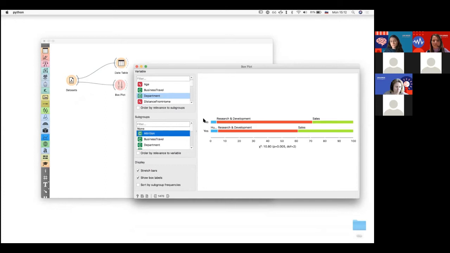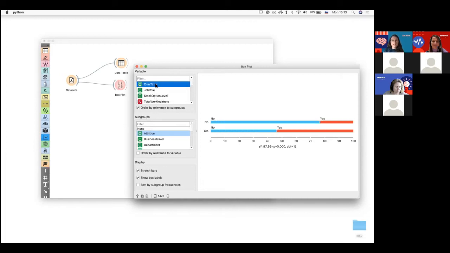So the split here that you see is by our target variable, so what we are predicting. And now I will select this option, order by relevance to subgroups, which will order my features here, my variables, according to how interesting they are for attrition. So to say this in another way, how well this variable is split based on attrition.